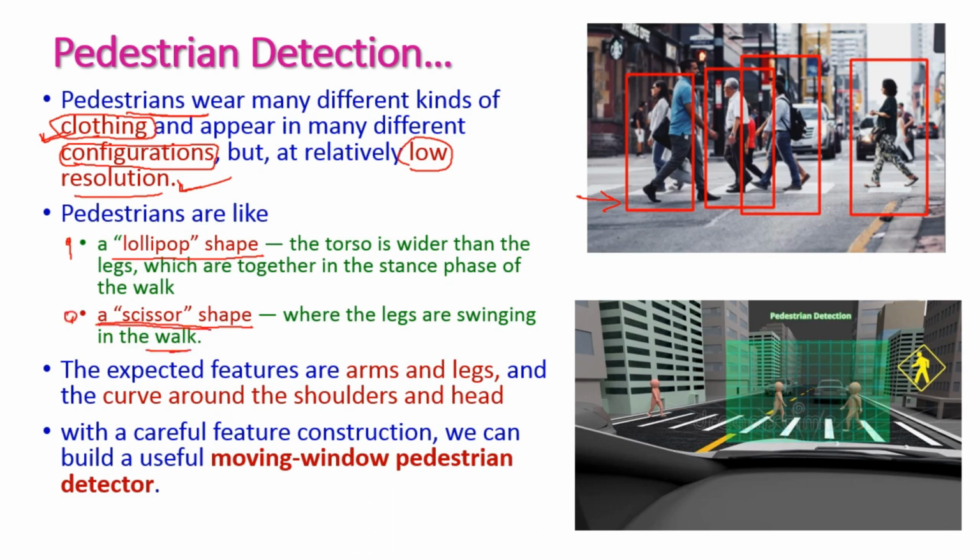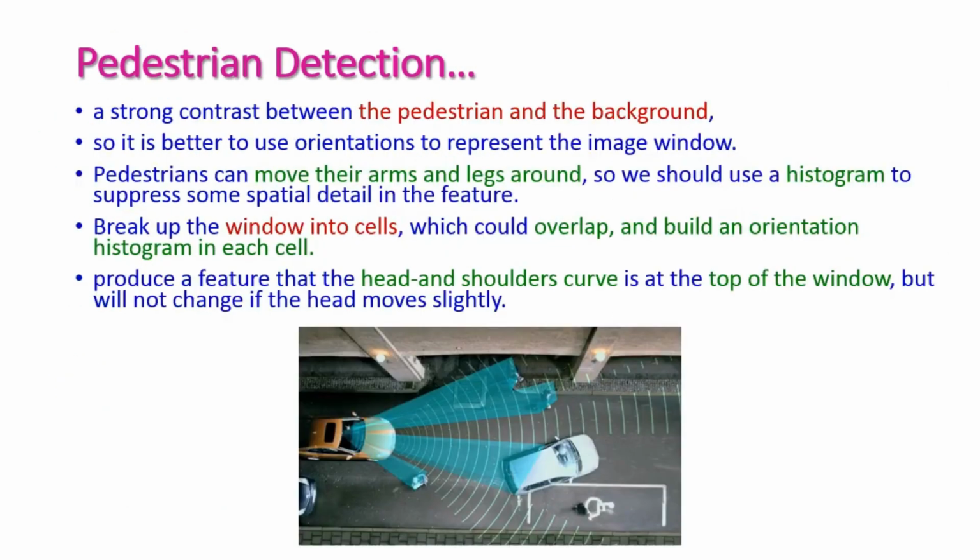Now it is important to extract the important features of the pedestrian, like the arms, legs, the curved shoulders and head. These are the expected features to extract from the image. With careful feature construction, we can build a useful moving window pedestrian detector.